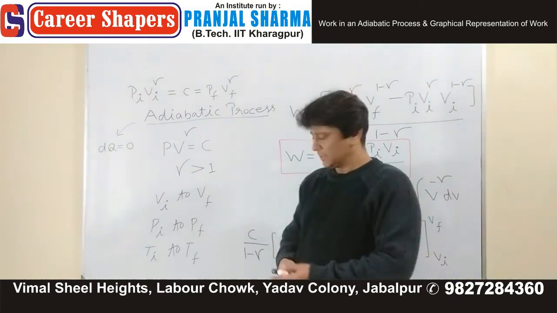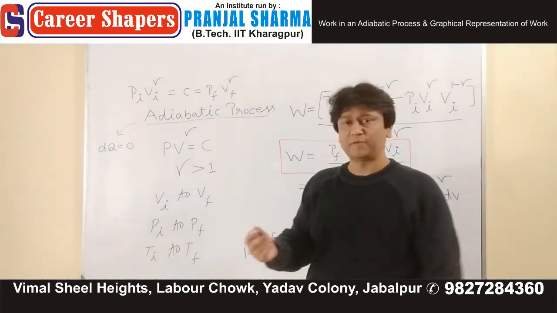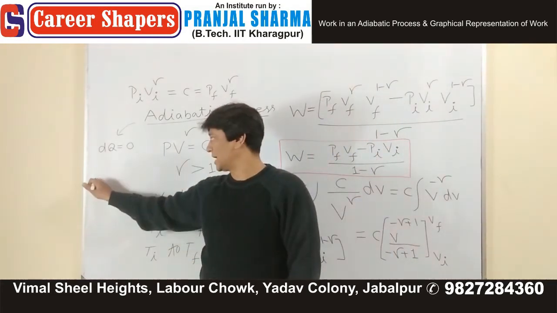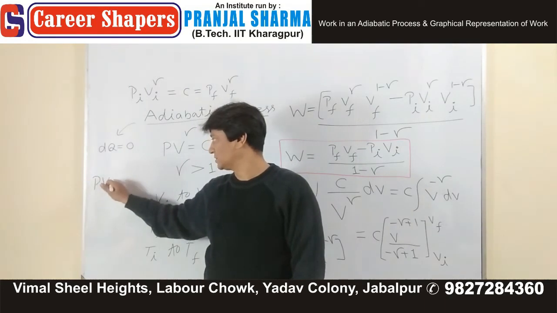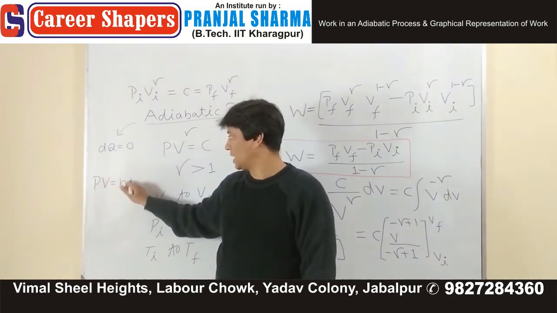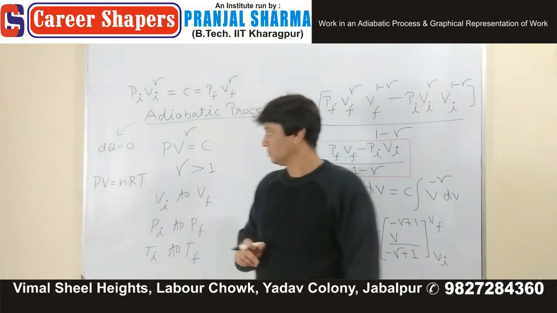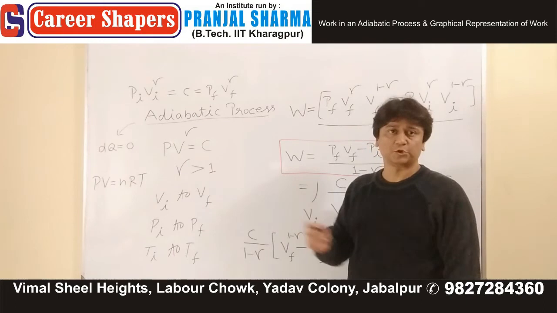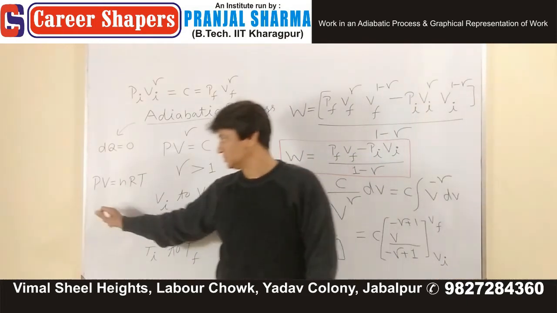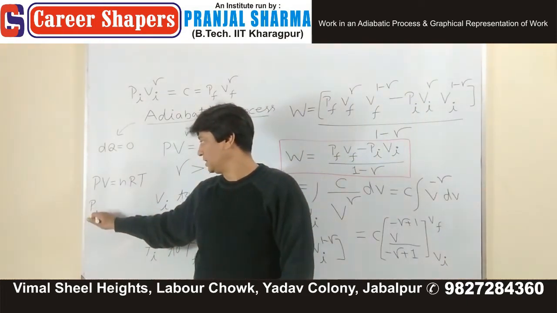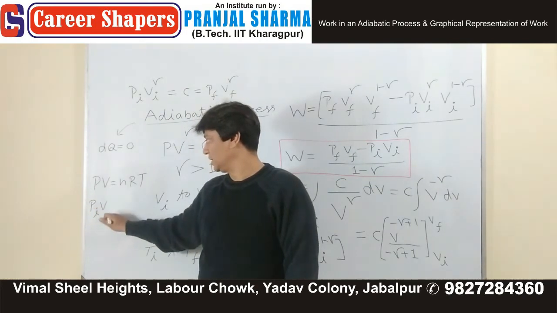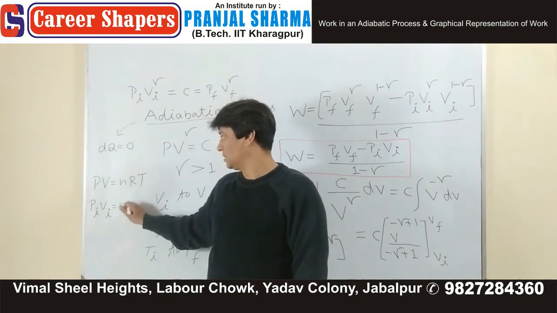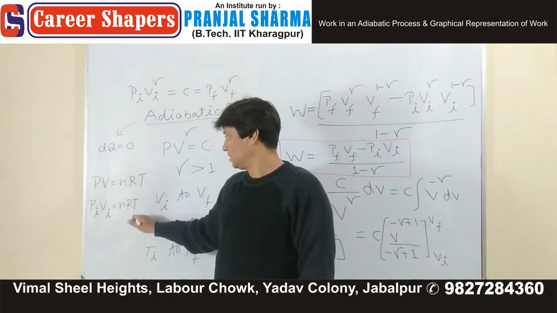Now, let's convert the whole thing in terms of temperature. Any type of process has to obey the gas equation PV equals nRT. Whatever the type of process, it has to follow this. PV equals nRT, which means P initial V initial is nR T initial.